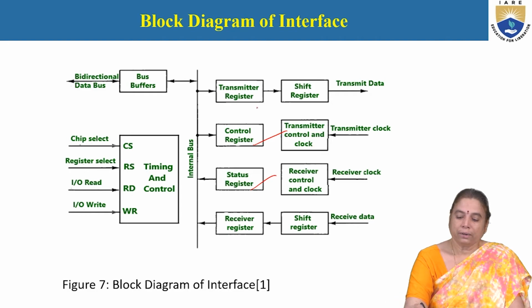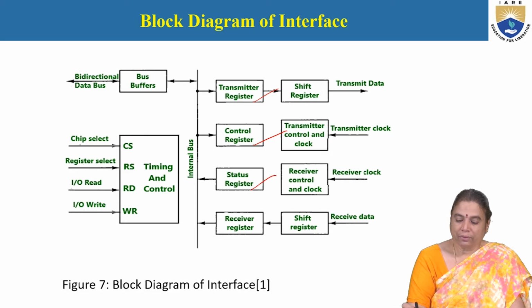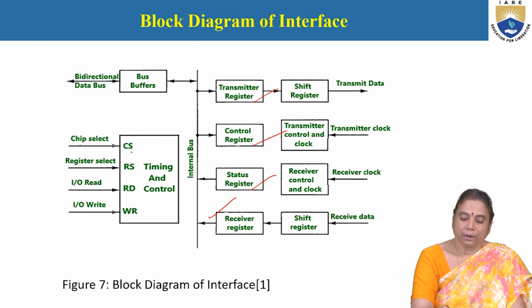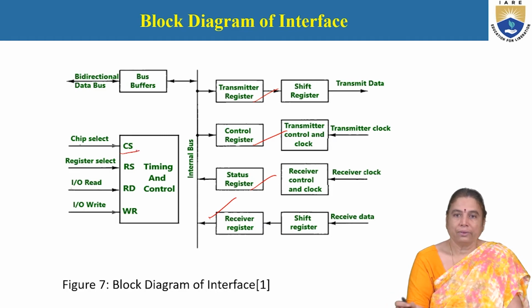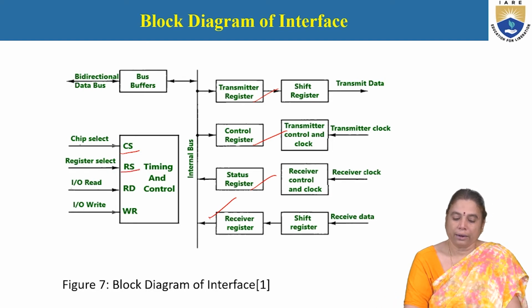The transmitter register can be used to transmit the data to the shift register, to the outside of the computer. And the receiver register can receive the data and place it in the bus buffer. Chip selection can be done with the CS. Register selection from these four registers can be done with the RS.